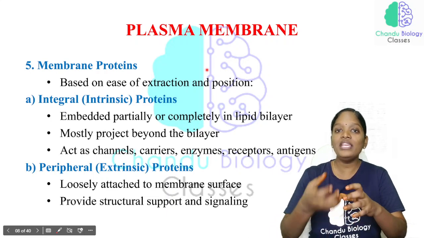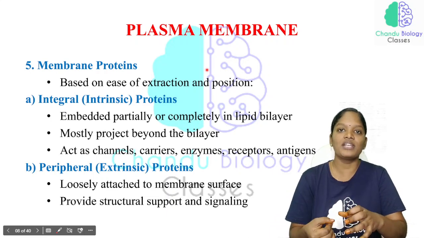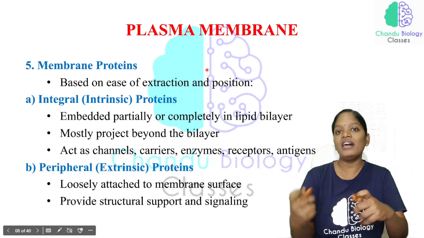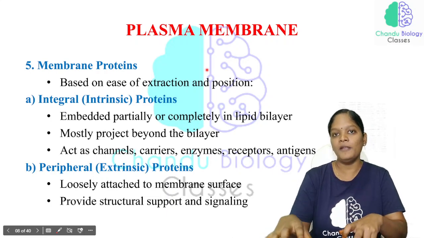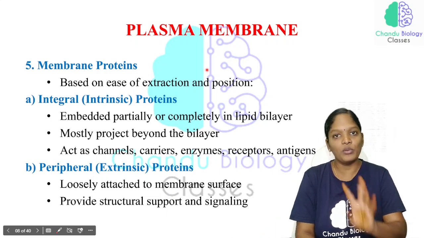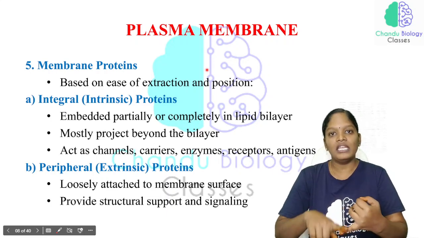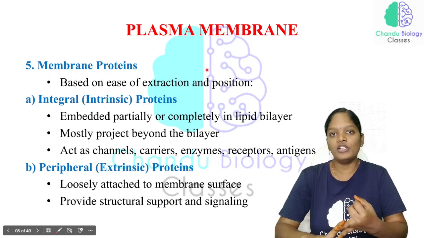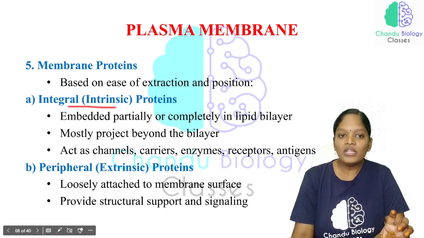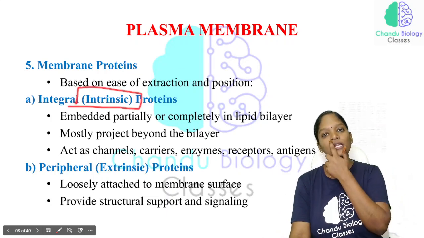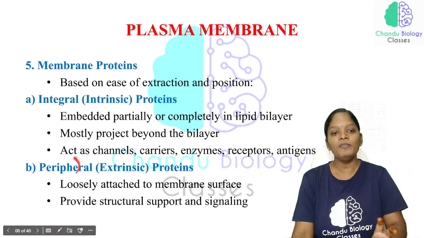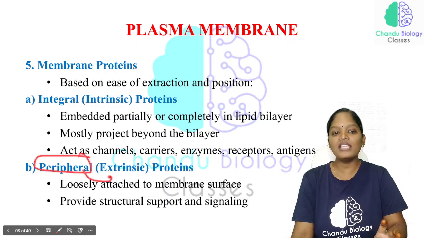Based on how easily these proteins can be extracted and the position where they are located on the plasma membrane, we can categorize the membrane proteins into two: integral proteins and peripheral proteins. We can call integral proteins intrinsic proteins and peripheral proteins extrinsic proteins.